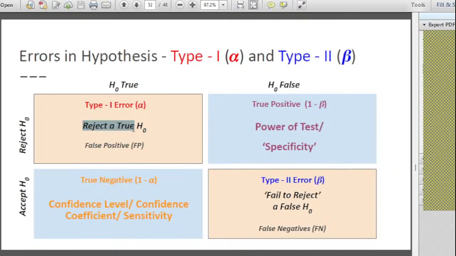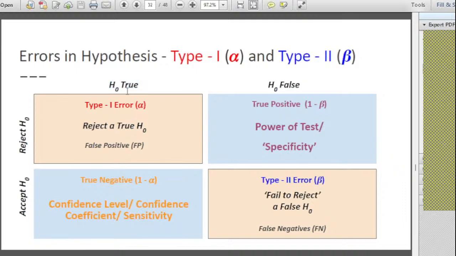Yes, RT-PCR test. The test indicated a COVID positive case, but actually the person did not have COVID.